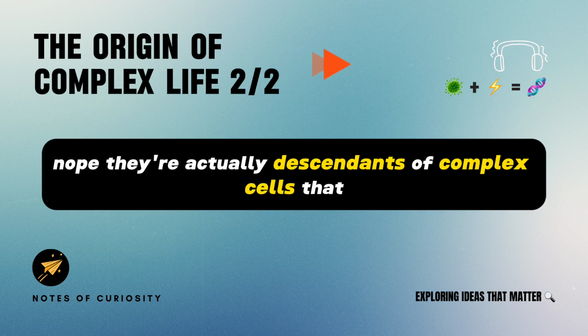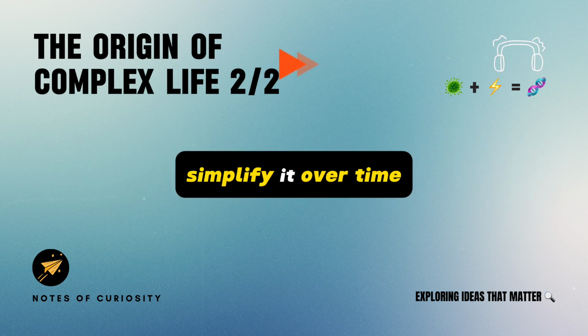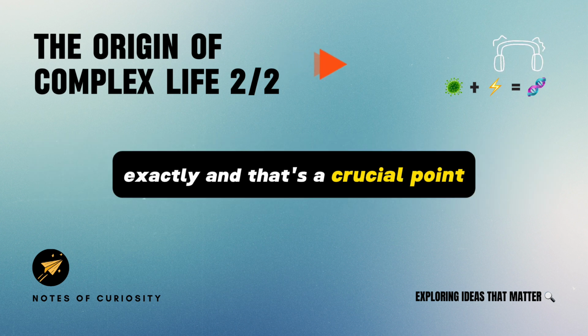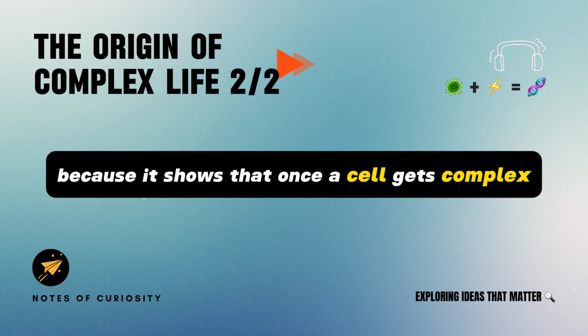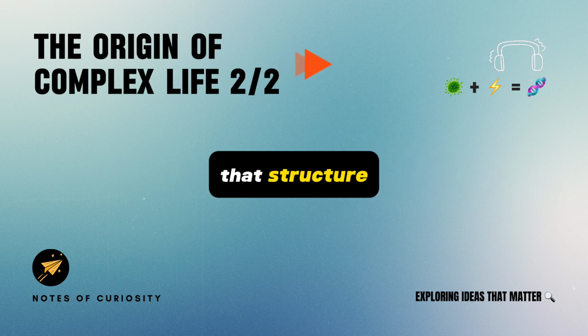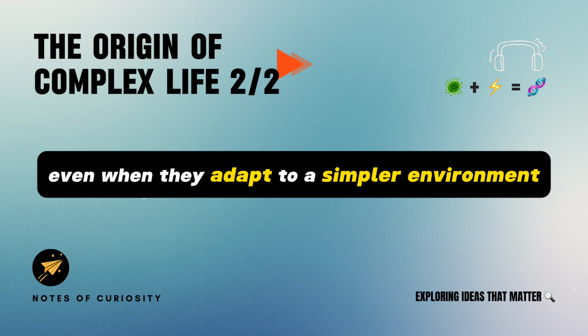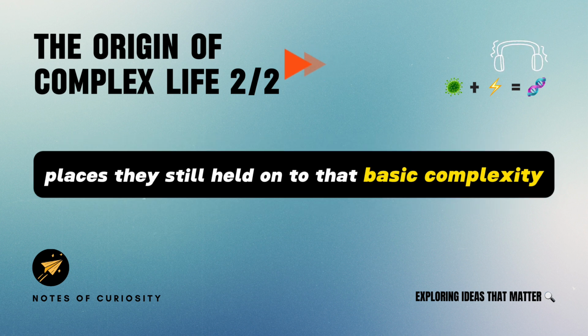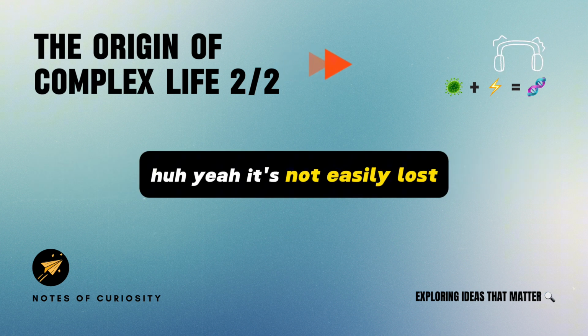They're actually descendants of complex cells that simplified over time. Wow, really? So they started complex and then got simpler. Exactly. And that's a crucial point because it shows that once a cell gets complex, that structure sticks around, even when they adapt to a simpler environment. So even though they were living in these low-energy places, they still held on to that basic complexity. Huh. Yeah, it's not easily lost.